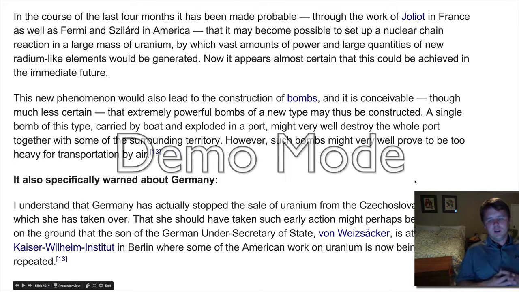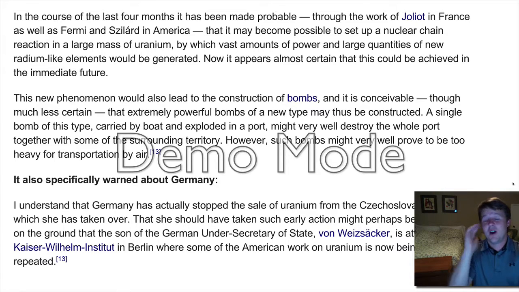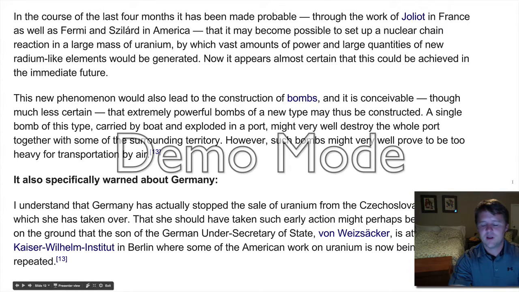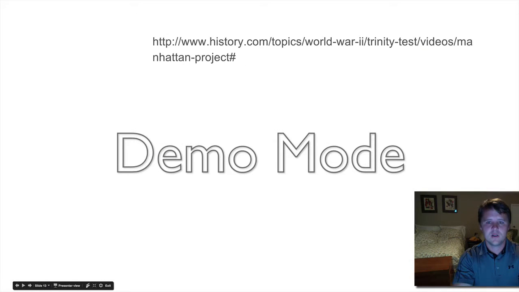So, right here it also warned about Germany possibly having nuclear bombs. Now, half the reason you want a nuke is, well, I'm not going to go over that in this class.